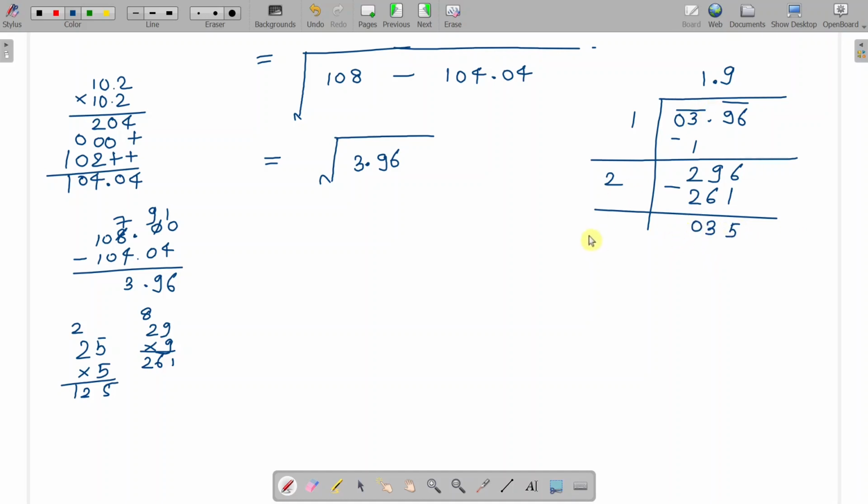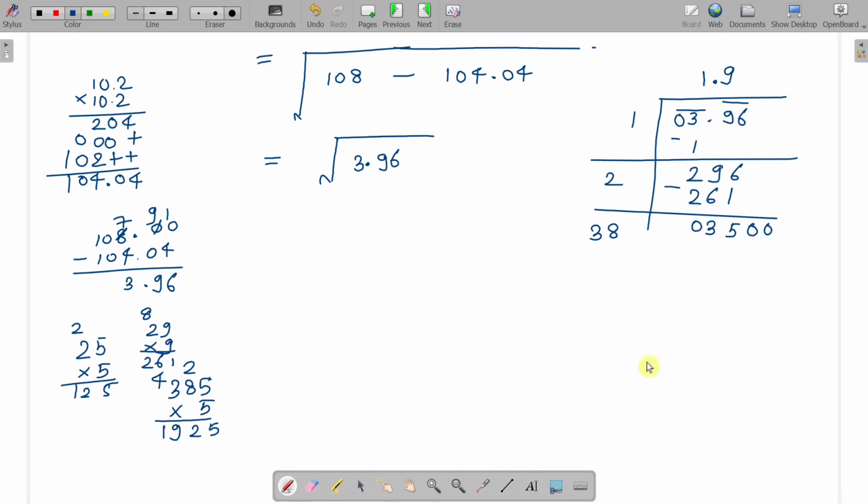Now we have to double 19, so that means we will get 38. So 2 zeros. Now 38 5 times 5, let us see. 5 times 5 is 25, 8 times 5 is 40 plus 2 is 42, 5 times 3 is 15 plus 4 is 19.